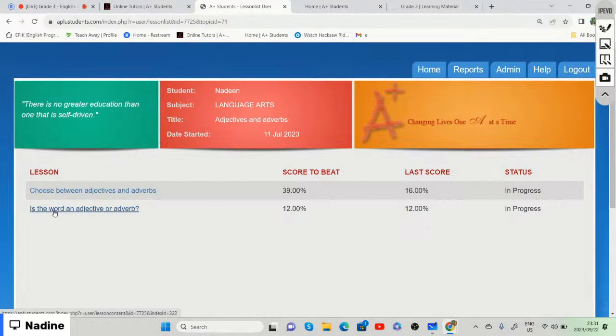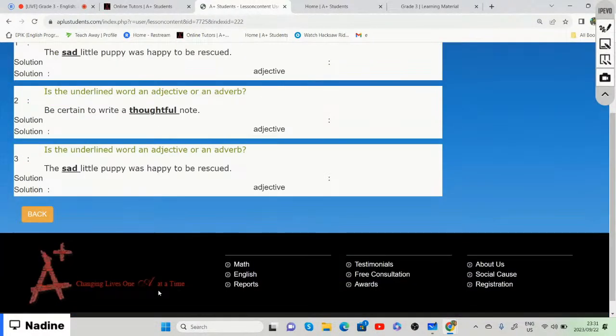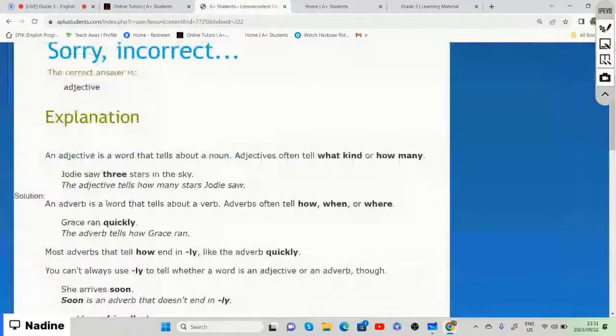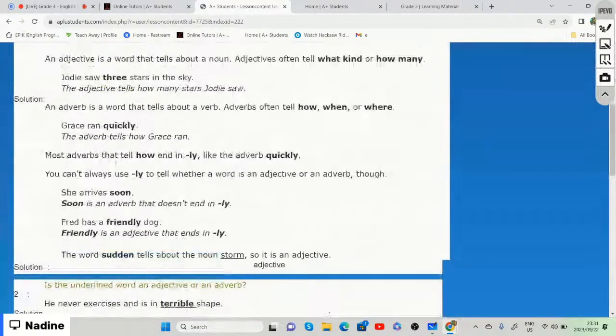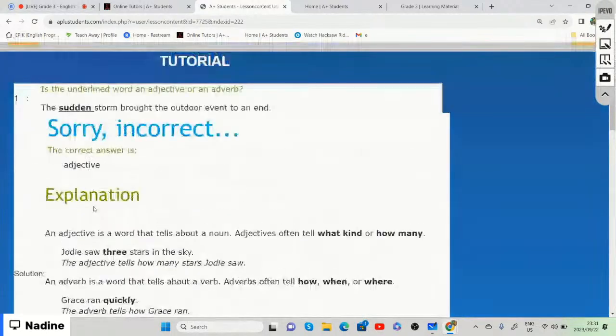So we're now going on to, is the word an adjective or an adverb, right? We are going to identify now if the word is either an adjective or an adverb. And remember, an adjective tells us about the noun.